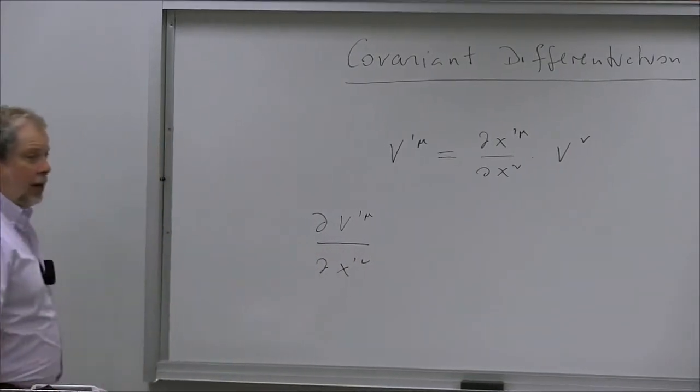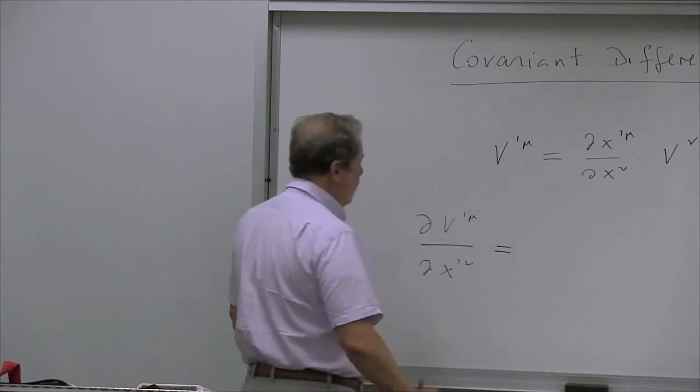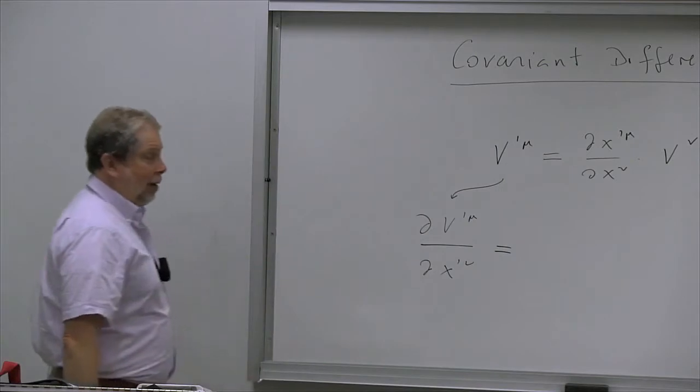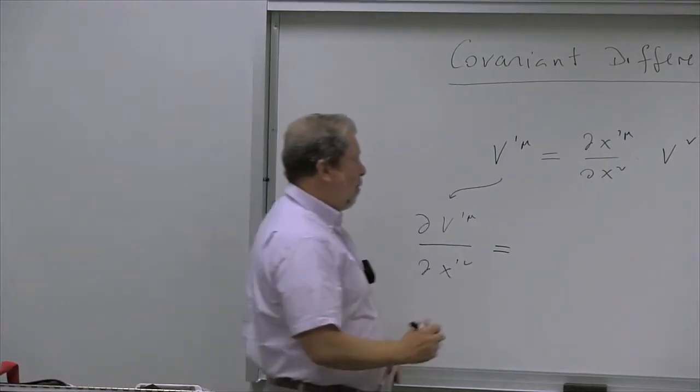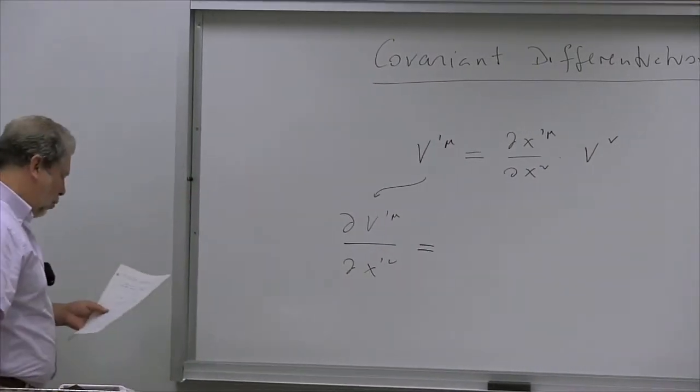So prime upstairs and downstairs. And so this means that we're just going to take this expression and plug it in there. So as a result, we have the derivative of a product because you have to take the derivative of this and the derivative of that. So we get two terms.